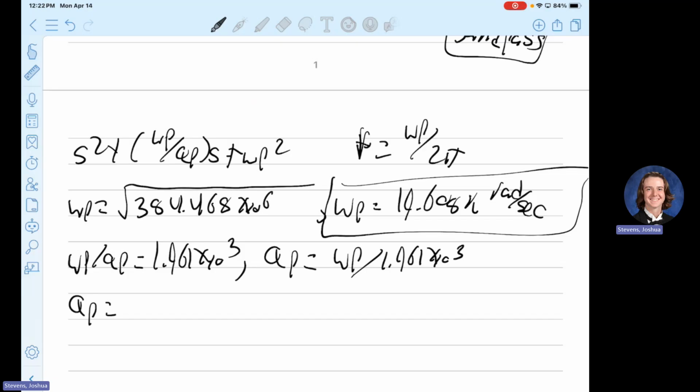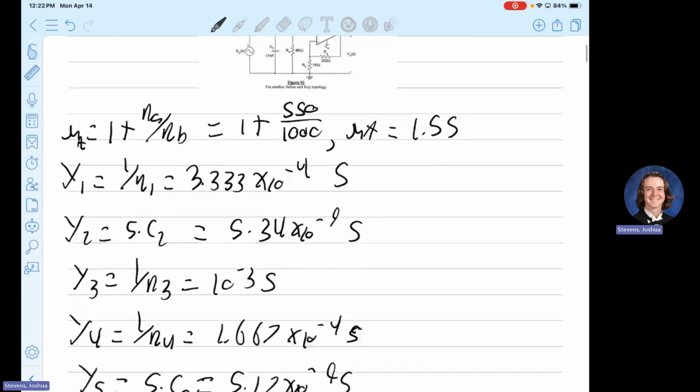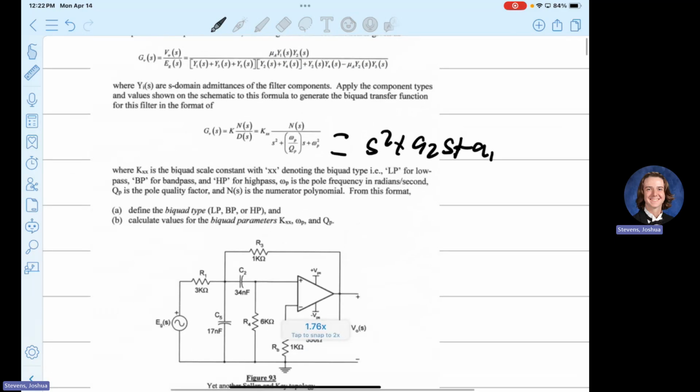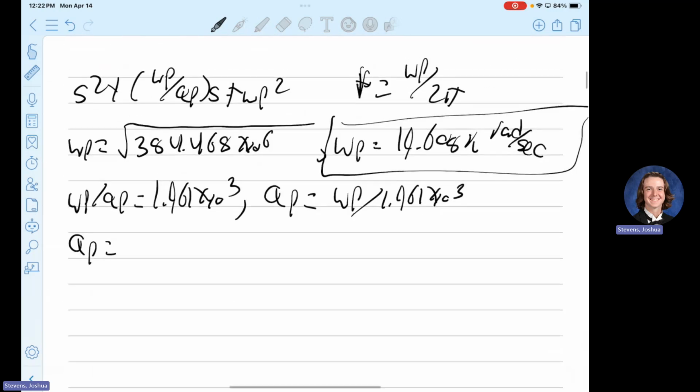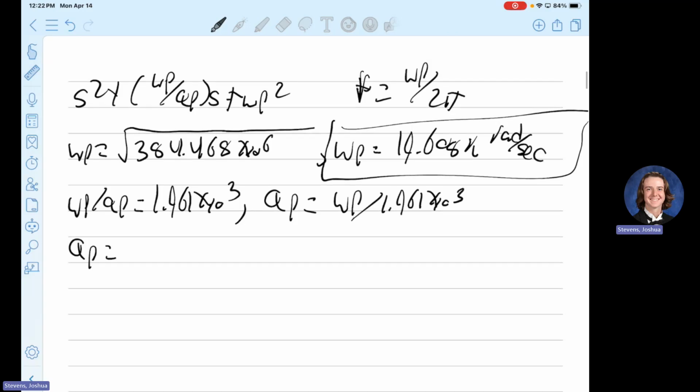Here it says omega P is the pole frequency, but it doesn't clearly state to give omega P in radians per second or hertz. I just recommend doing both. Never hurts. No pun intended, but I heard it the second I said it. I did not put it in hertz here. Just like I said, divide that by 2 pi and you'll get an answer.